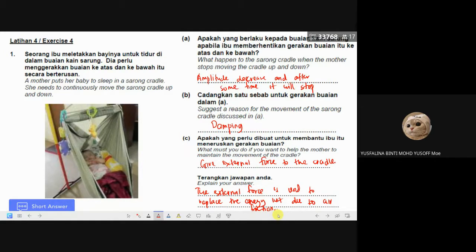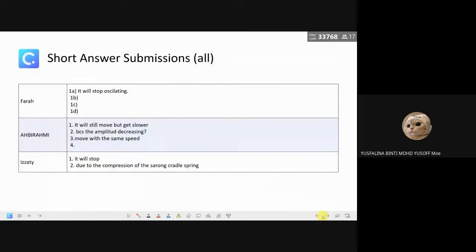So the external force is used to replace the energy lost due to air friction. Okay, so that's the answer. Let's check your answer. It will stop oscillating.